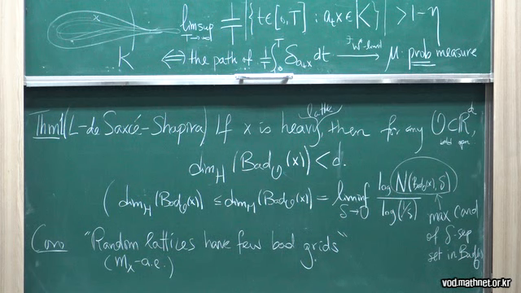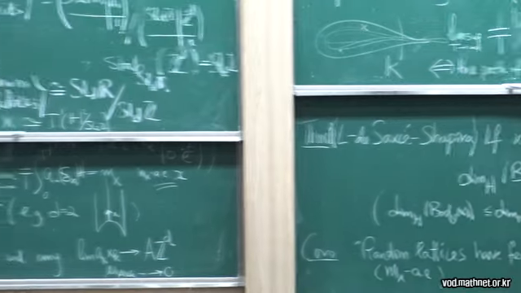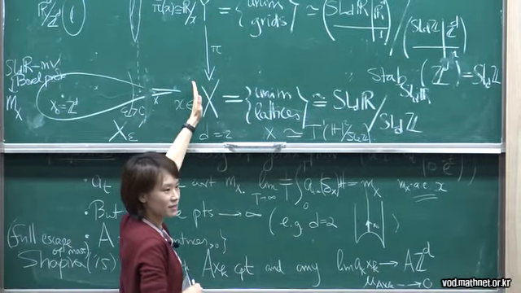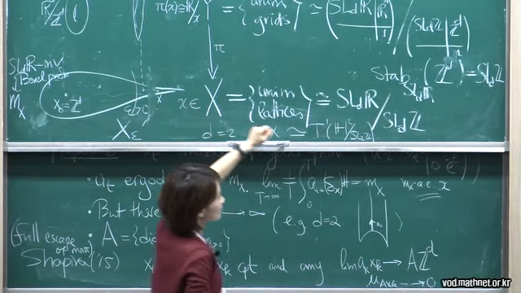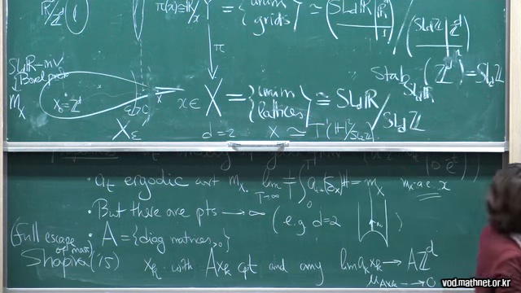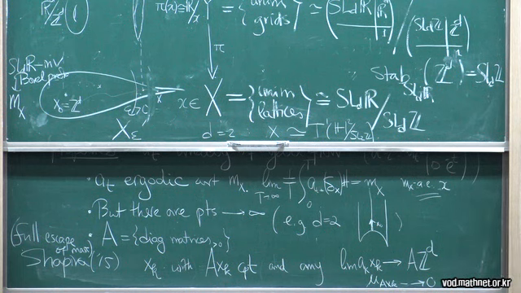Well, we have to say something, but at least I can tell you. For every point here, you take a compact set that exhausts X, and what we show is that we kind of quantified it.